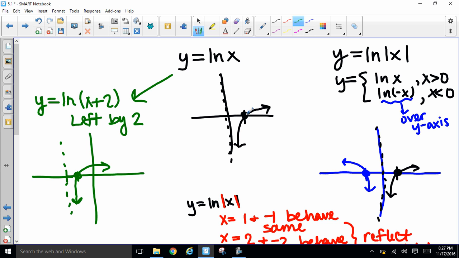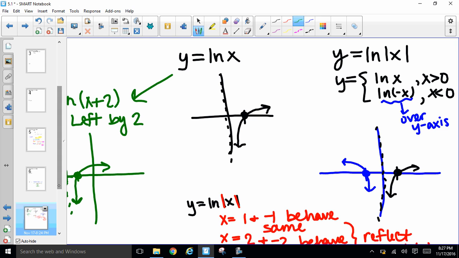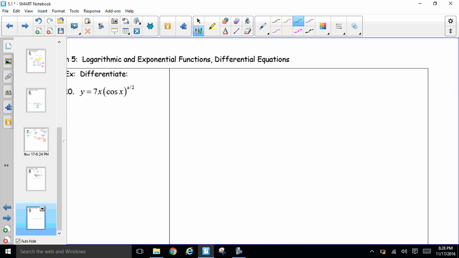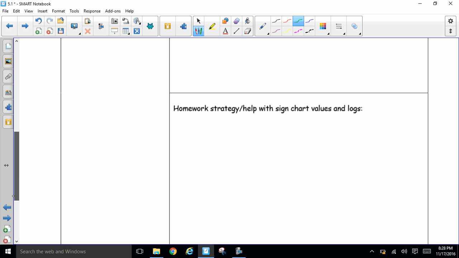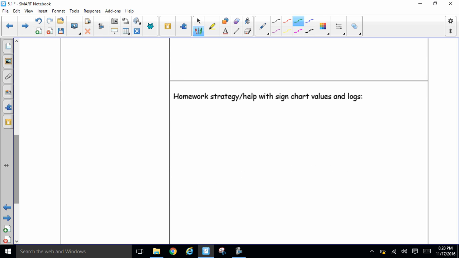Okay. The other thing that wasn't finished up on these notes was at the very end. I wanted to just go through, this comes up quite a bit if you have maxes, mins, inflection points, things like that, if you have sign chart values.